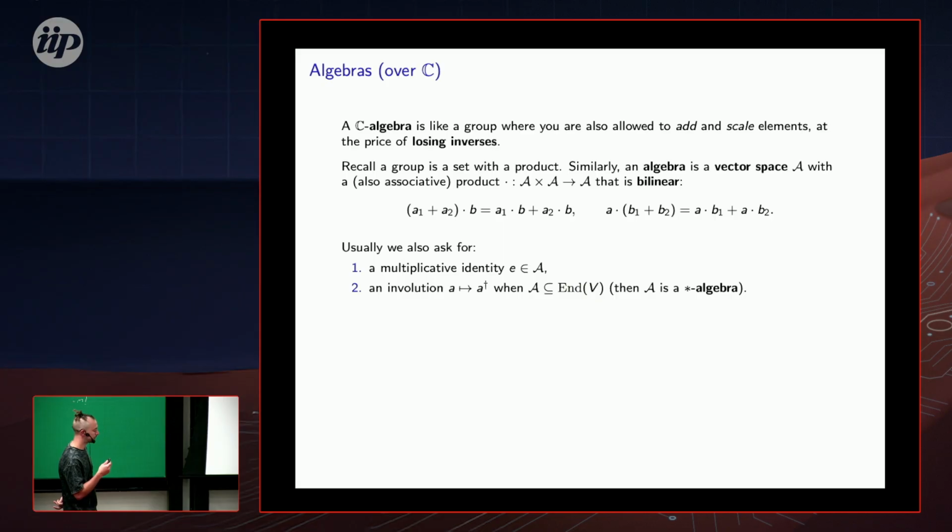It's just a map that when you apply it twice, you get back to the element that you started with. Kind of similar to an inverse, but it's not an inverse. Like an inverse, you apply it twice and you get back to the same thing, but an inverse with an element also gets you the identity. That's not true for the involution.